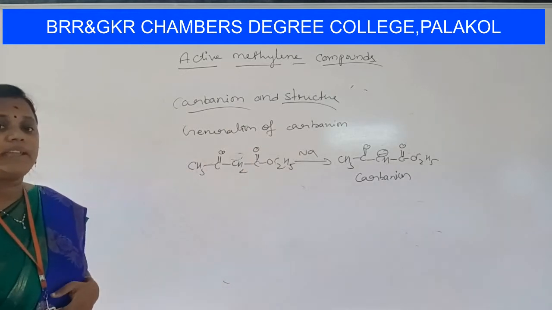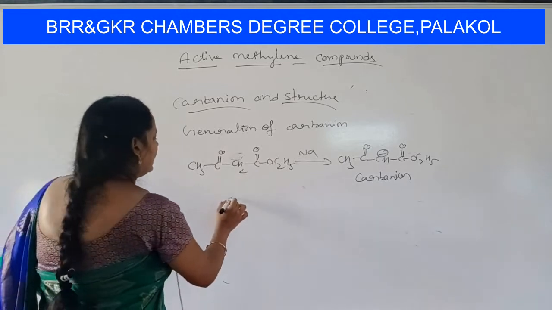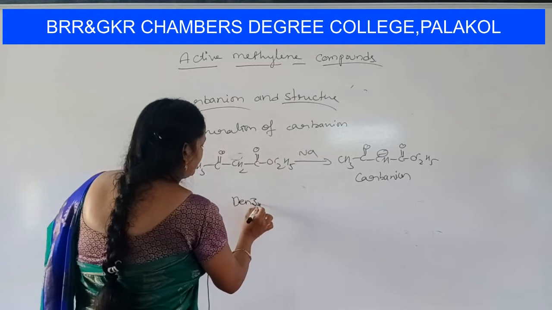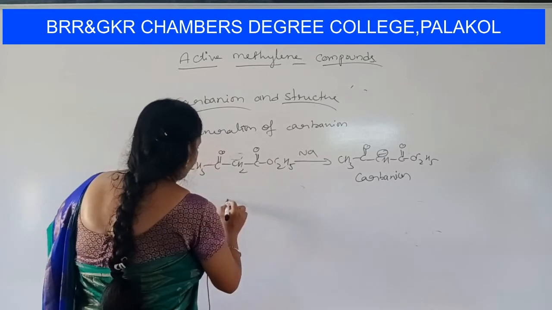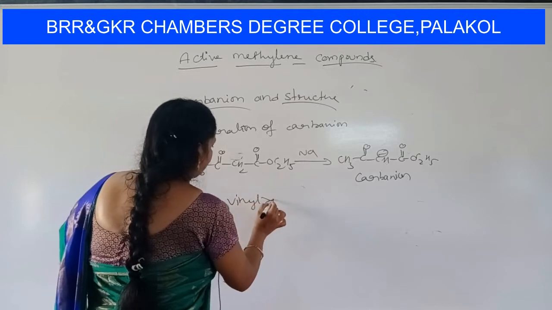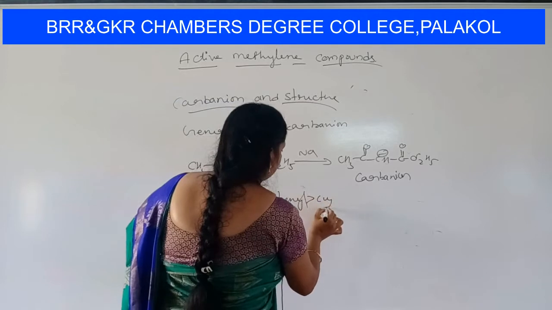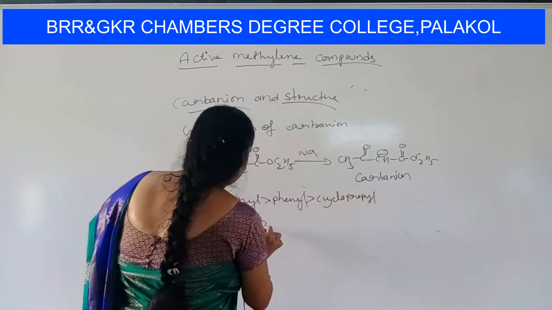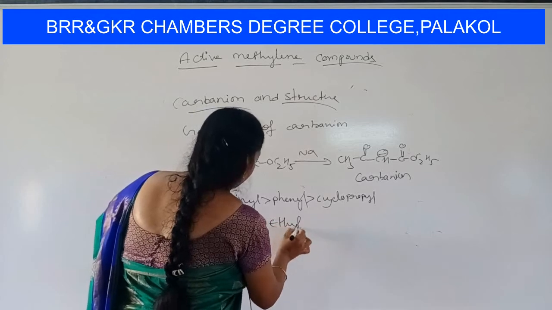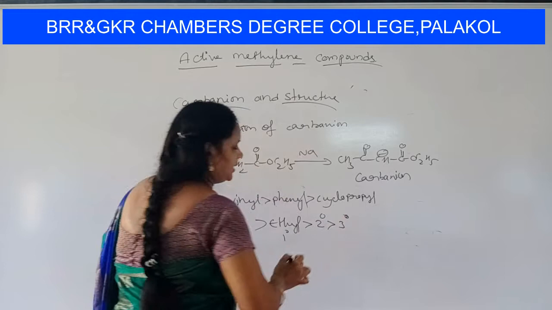If you write the stability order of carbanions, then the order is: benzyl is greater than vinyl, greater than phenyl, greater than cyclopropyl, greater than ethyl, which is primary, greater than secondary, greater than tertiary.